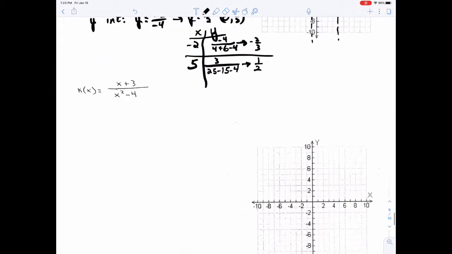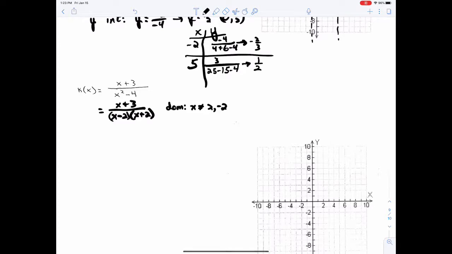All right, so let's take a look at this one. So we have x plus 3 over x minus 2 times x plus 2. Okay, there's no hole or anything. All right, so the domain is x can't be 2 or negative 2.